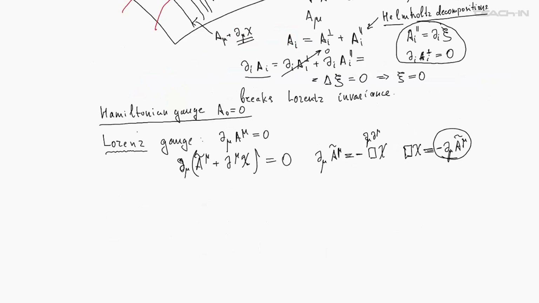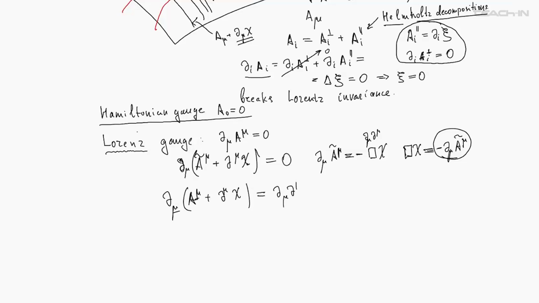I said that it's an incomplete gauge choice because if you have A mu which satisfies the gauge condition, so d mu A mu is equal to 0, and you add to it the gauge transformation, A mu plus d mu chi, and compute the divergence of it, since d mu A mu is equal to 0, what you're left with is a condition on chi: box chi is equal to 0.